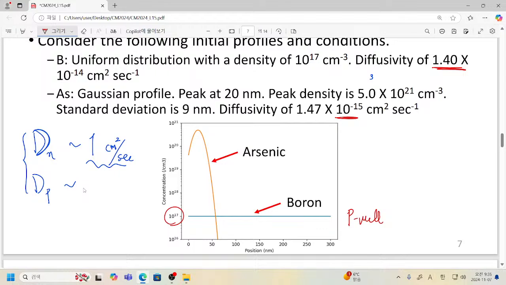Of course, I'm not saying that this uniformity extends over our entire wafer. Our wafer thickness, if we just draw it in this scale, starting from here 0 to here 300 nanometer, means that the actual size of our wafer is just 2000 times longer than this scale.